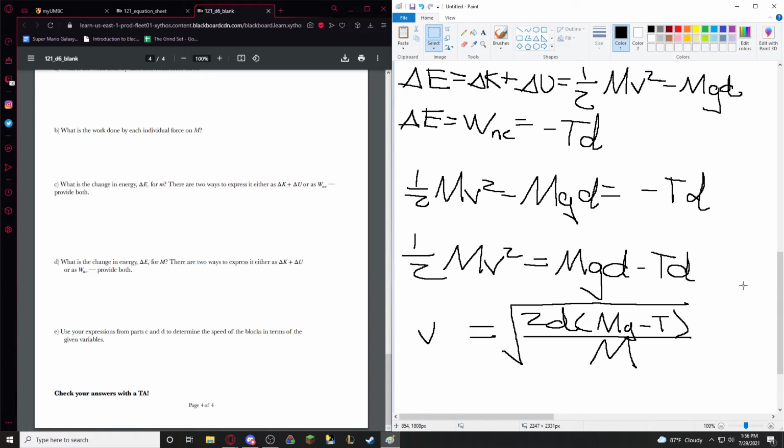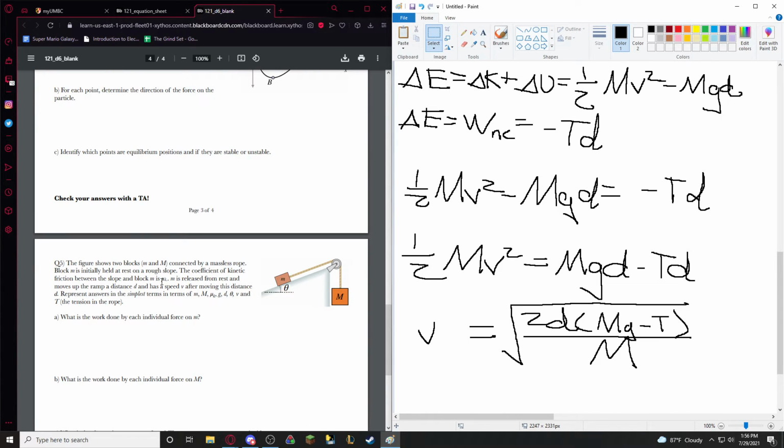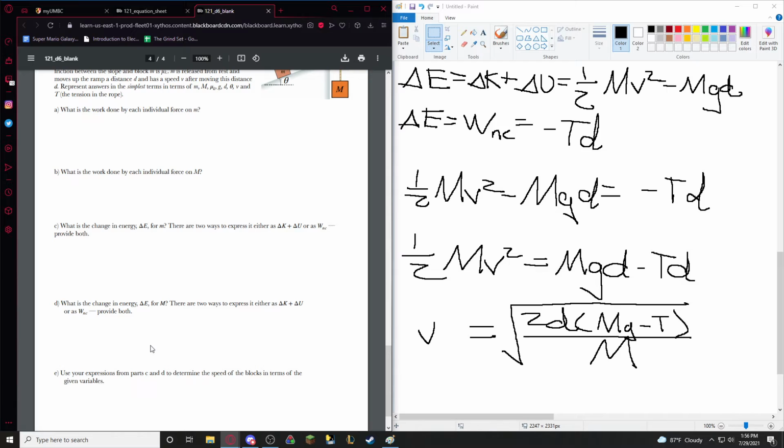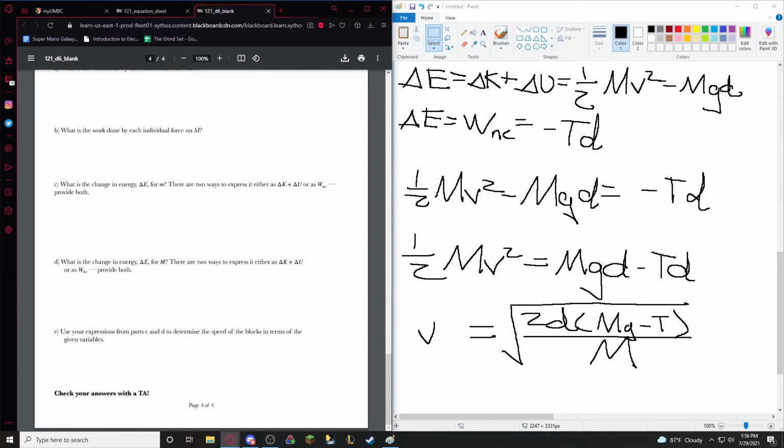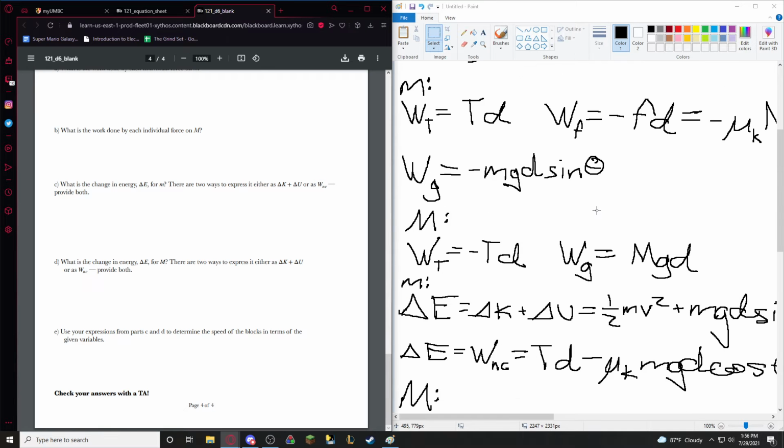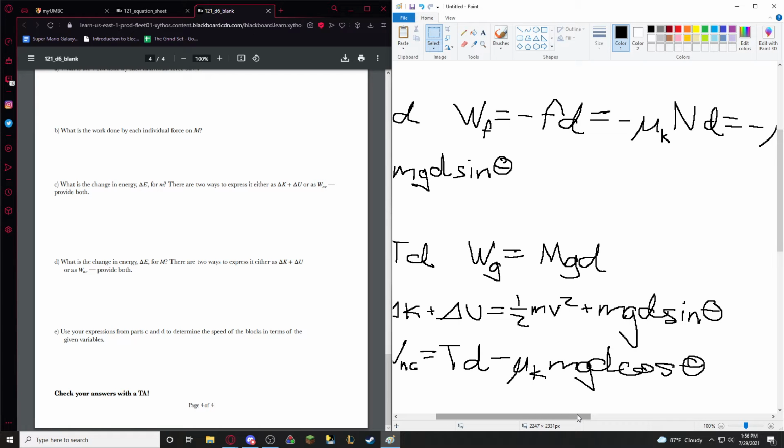Oh, we're given m, mu, g, d, theta, v and T. I know this is a weirdly worded question, but I think this might just be our final answer. We don't even need little m, but we could use little m to eliminate the tension, I believe. I'm not sure.